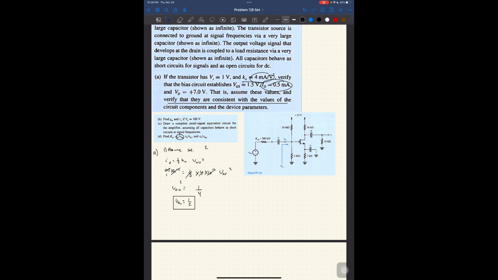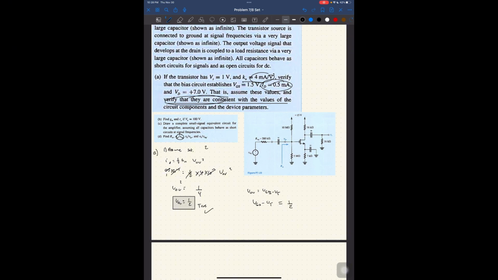This must hold true. Is this true? Now you're asking me to verify, right? Verify that they're true. So VOV is equal to VGS minus VT, meaning that VGS minus VT must be equal to 1/2 for this to be true, right?